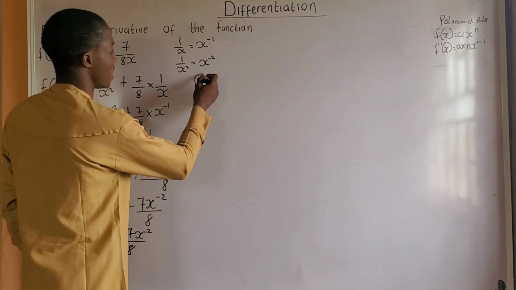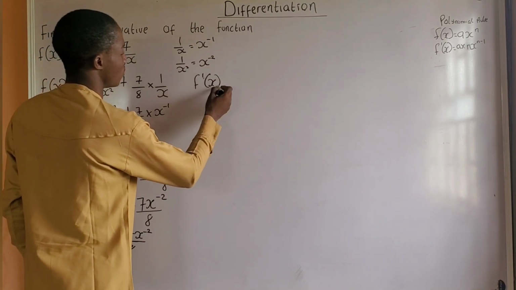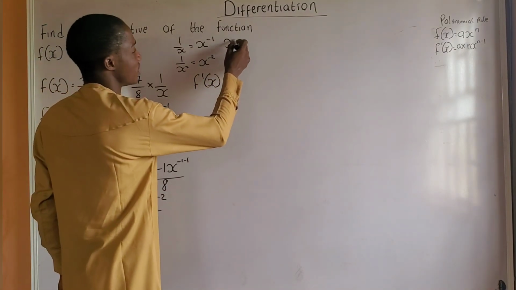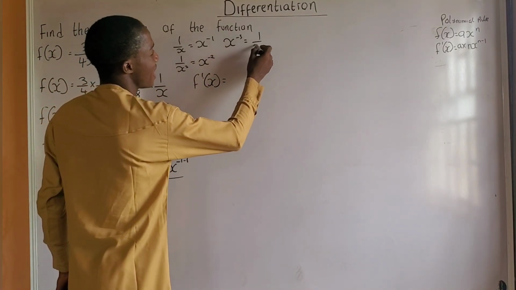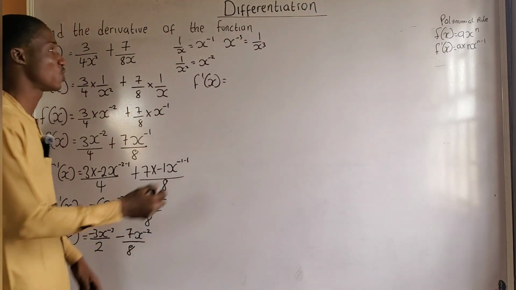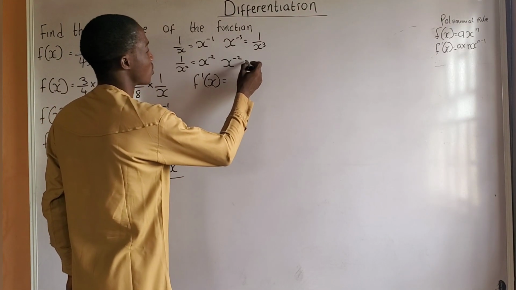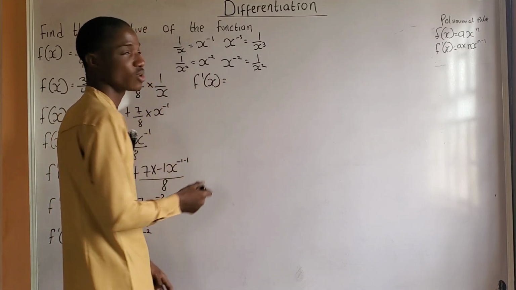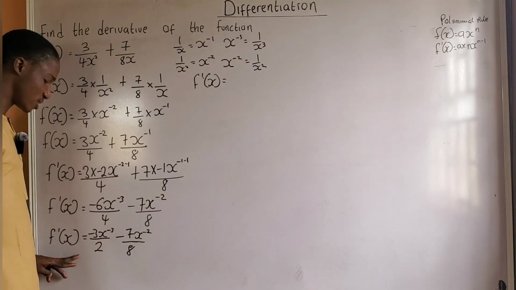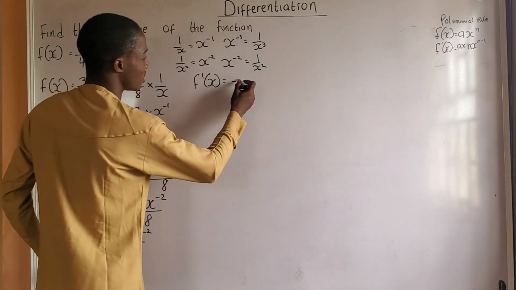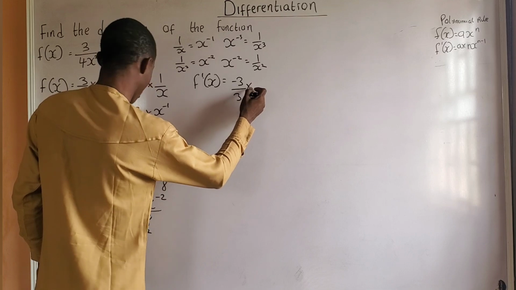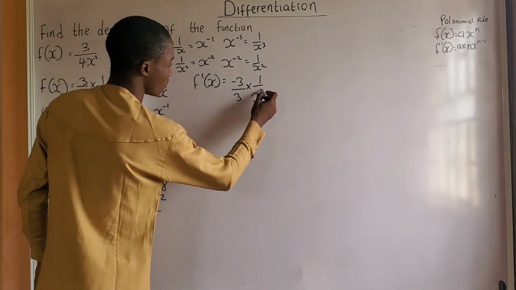The derivative of f of x will be equal to, now, please pay attention. x raised to the power of negative 3 is equal to 1 over x raised to the power 3, right? And also, x raised to the power of negative 2 is equal to 1 over x raised to the power 2 according to the law of indices. The same thing that we did here, okay? So the derivative of f of x will be equal to minus 3 over 2 multiplied by 1 over x raised to the power of 3, okay?